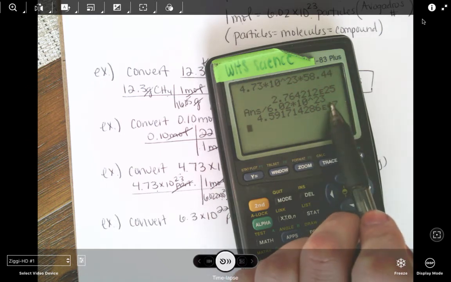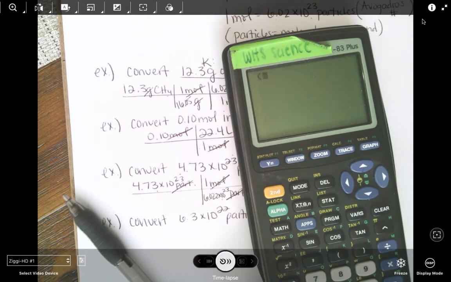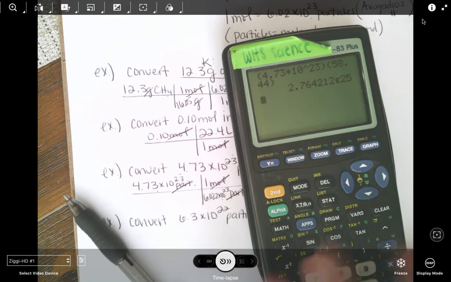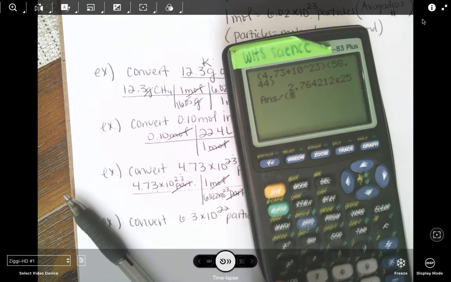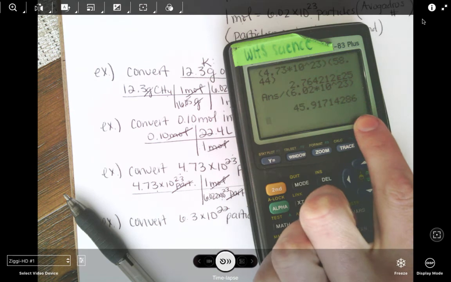So what I'm missing here are parentheses. So what I'm going to do is recalculate this. Parentheses, 4.73 times 10 to the 23rd times 58.44 equals, and then divide parentheses 6.02 times 10 to the power of the 23rd, close your parentheses. That's a totally different number than what I just got.